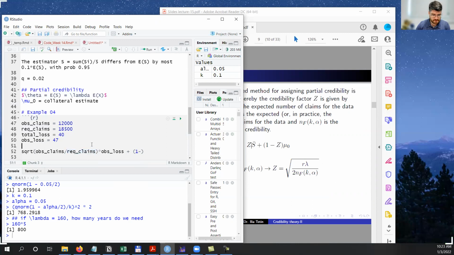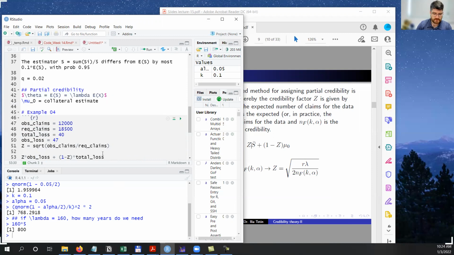This is Z. Okay, let me place Z equal to that. Okay, so now Z times S plus 1 minus Z times the rest is the total loss.